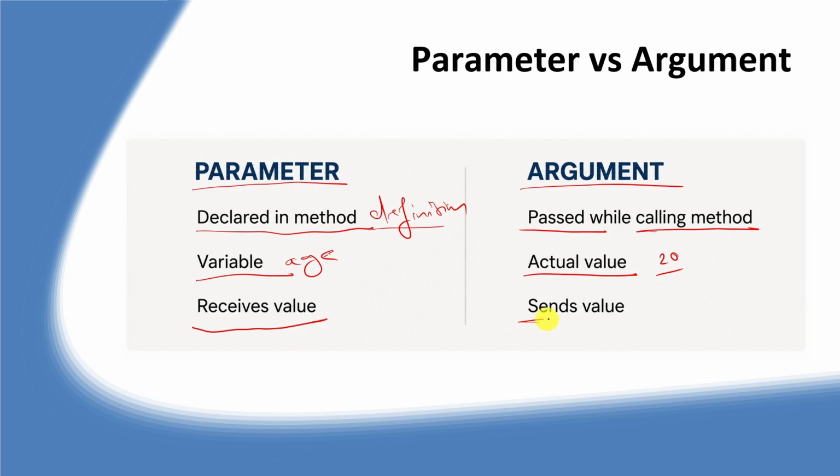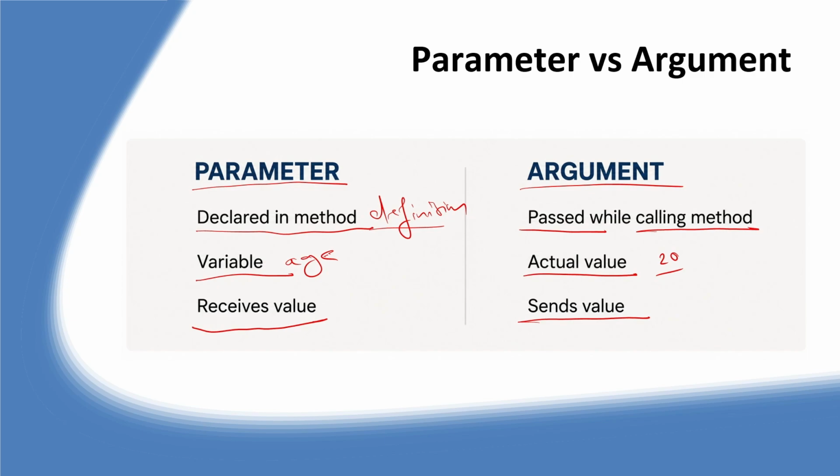And argument sends value. As simple as that. Many beginners get confused between parameter and argument. So parameters are like placeholders, whereas arguments are the actual values supplied when calling the method.